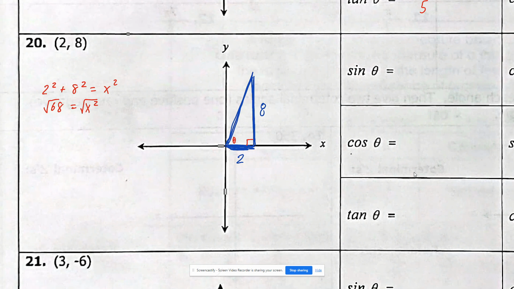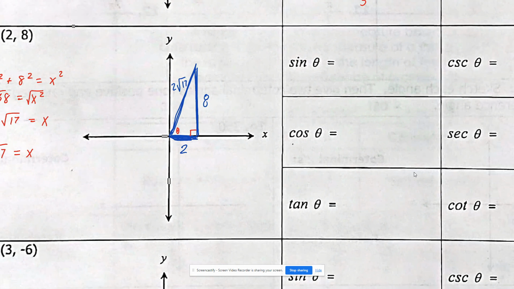So 68 divided by 25 doesn't work. 68 divided by 16 doesn't work. 68 divided by 9 doesn't work. 68 divided by 4 does work. 4 goes into that 17 times. So 4 gets to break out as a 2, and then square root of 17 stays inside. So my hypotenuse here is 2 square root of 17.